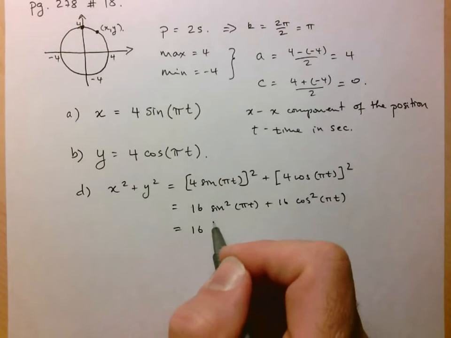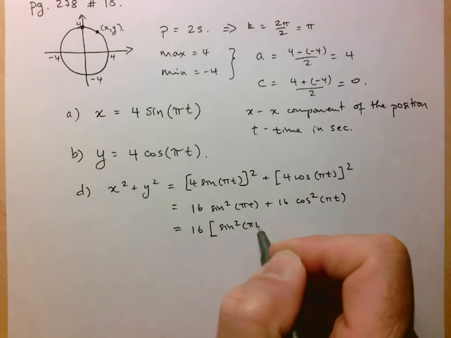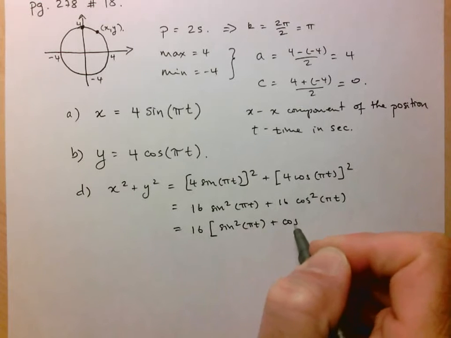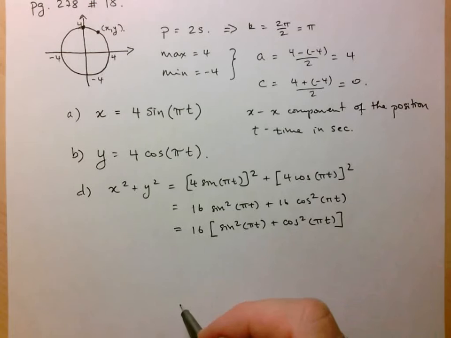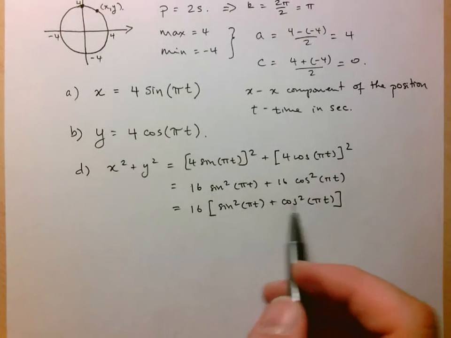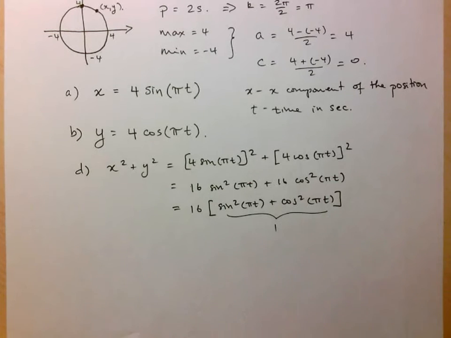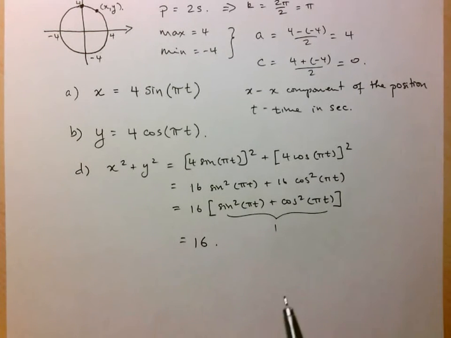Factor out the 16, and what are we left with in the bracket? Sine squared of pi t plus cos squared of pi t, which of course by our Pythagorean identity, this part here is just equal to 1. So I'm just left with 16.